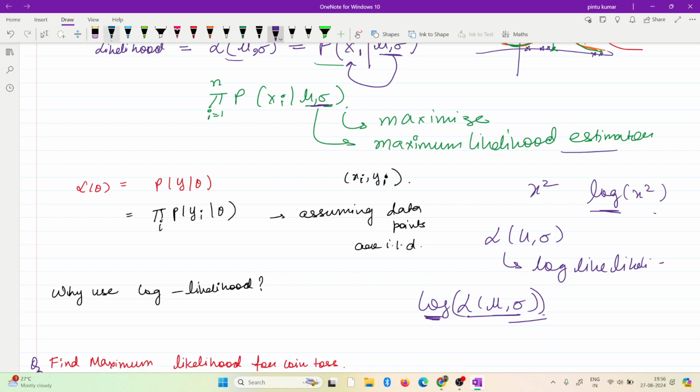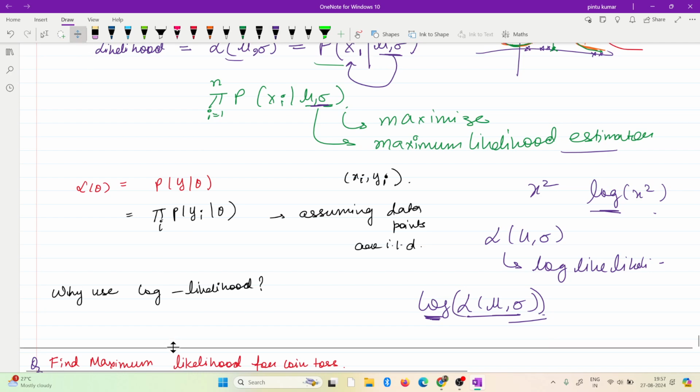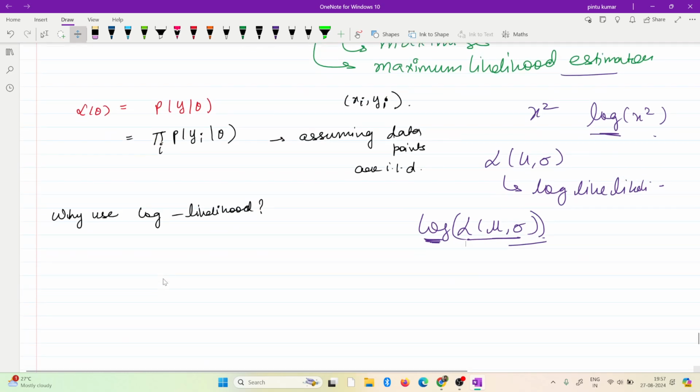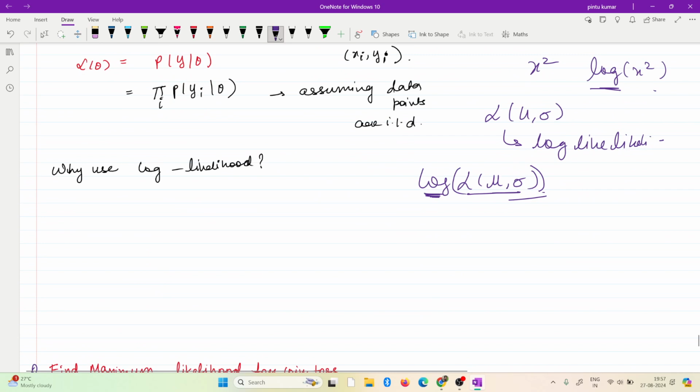And the main motive for doing that is when you take the product of your probabilities. So this is your likelihood, the product of these probabilities. Right now I am using theta to represent mu comma sigma, and y is my data point xi.